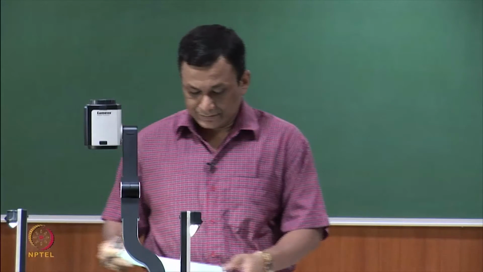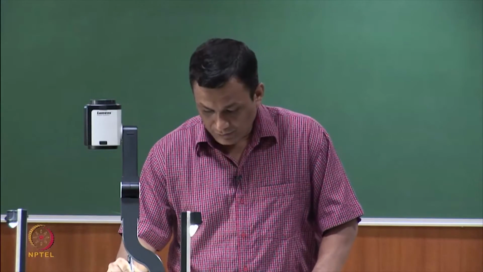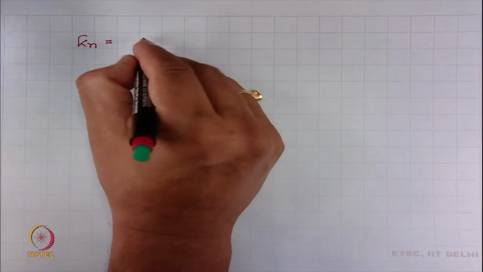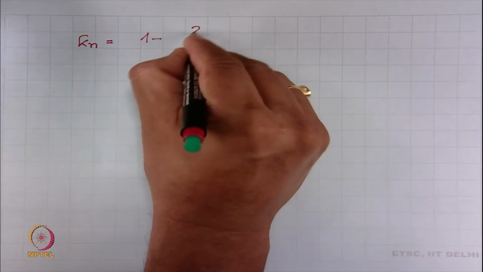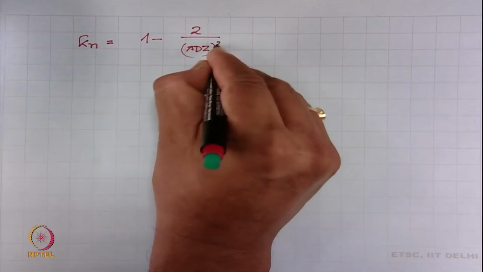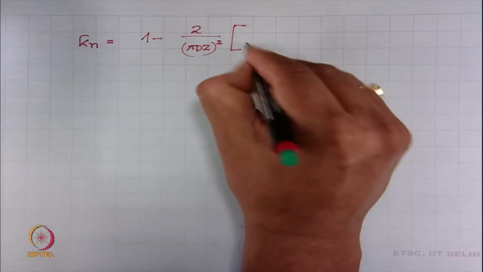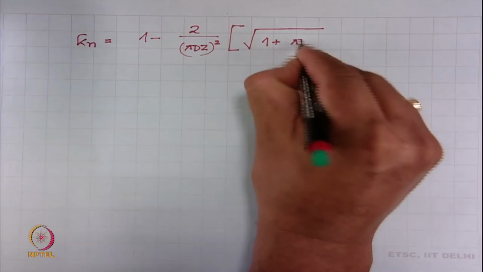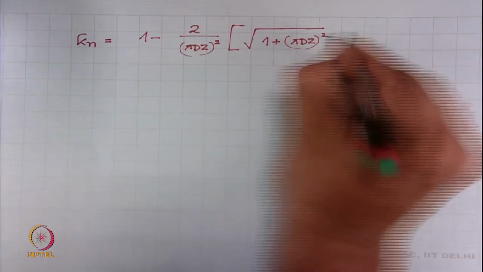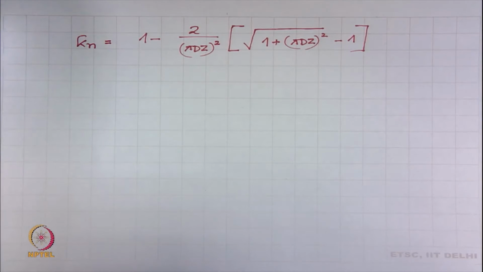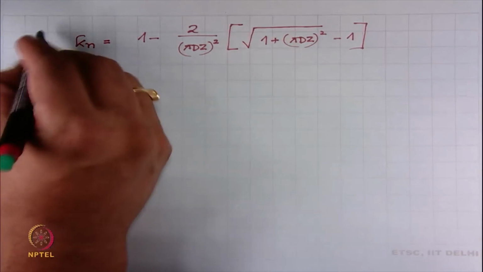Now, K n was derived by this form. Sorry, 1 minus K n lambda.